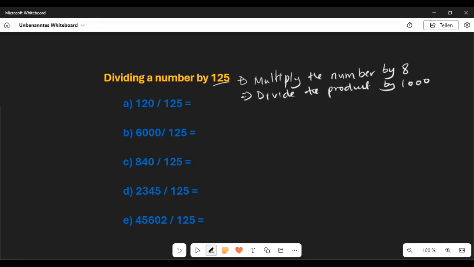So let's look at some examples on how this can be achieved.